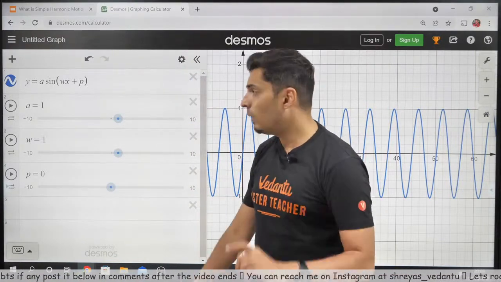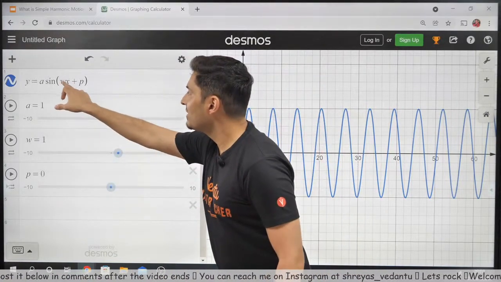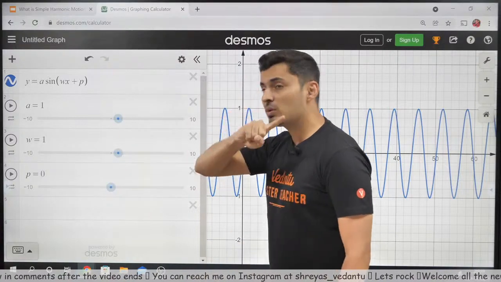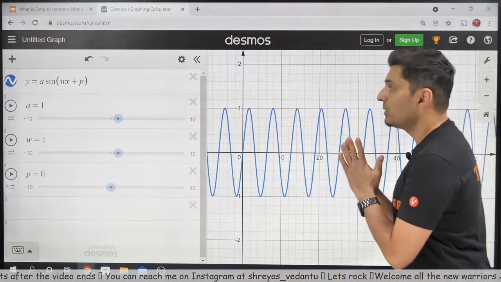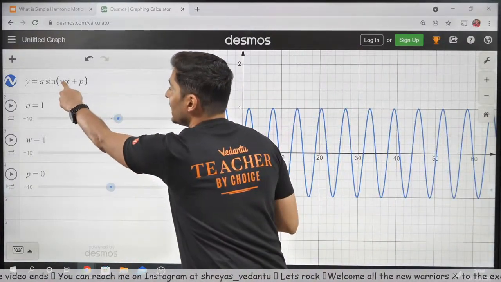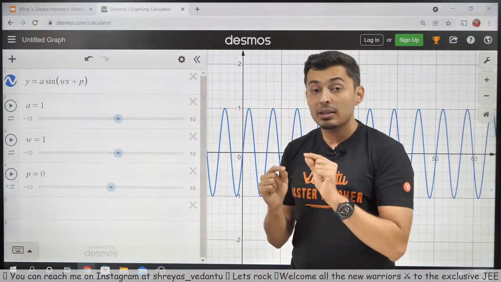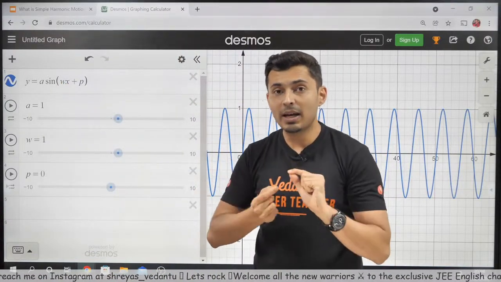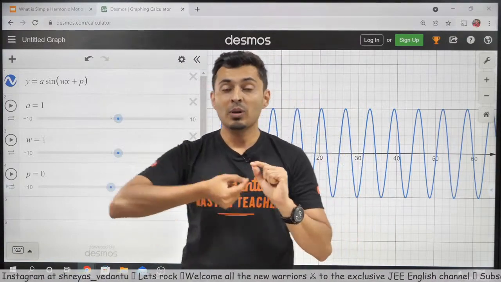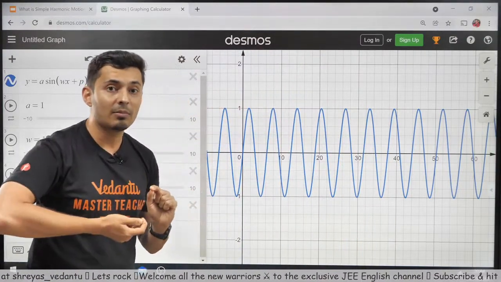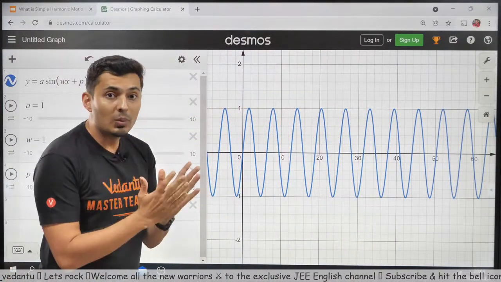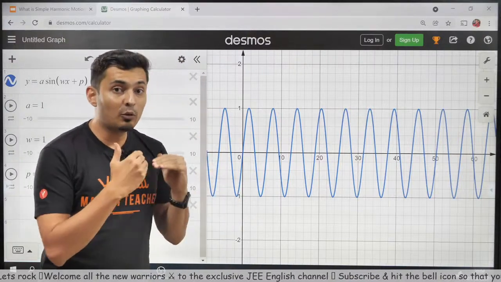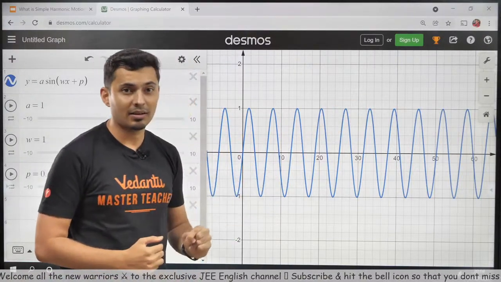Now, what do you think will happen if you change this omega term? You're multiplying omega with x. If you multiply it with a larger number, then the variations will be faster.